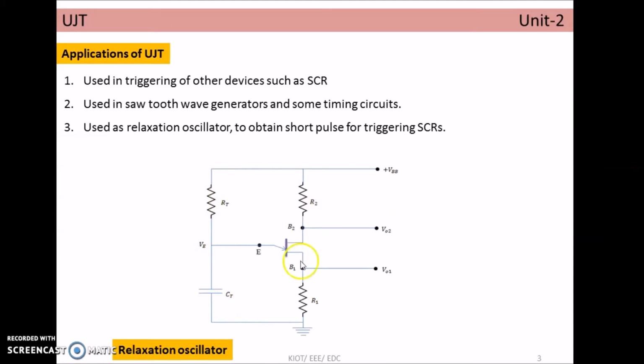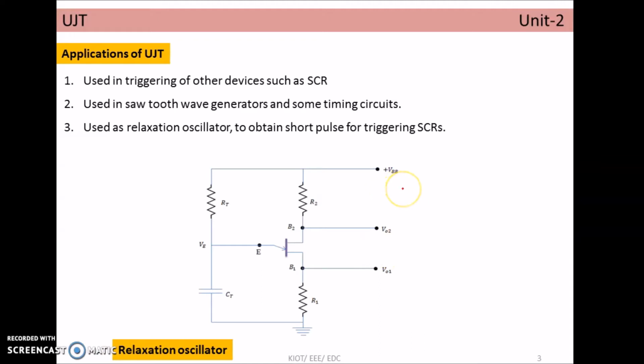And for biasing purpose, we are applying the base voltage VBB. This is not a signal, this is simply a biasing voltage. So you know the principle of operation of UJT. Initially this UJT is under reverse bias with VD potential, and at the same time the potential existing across the resistor R1 is called the intrinsic standoff voltage.